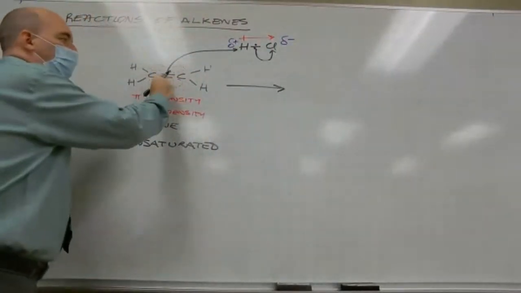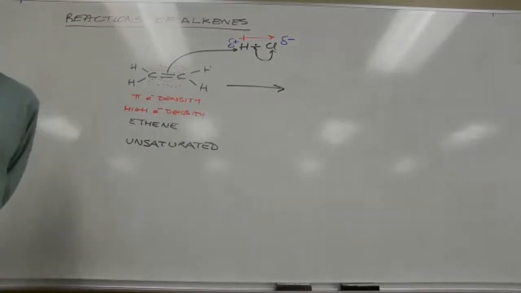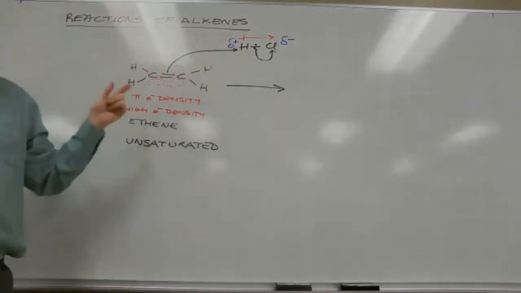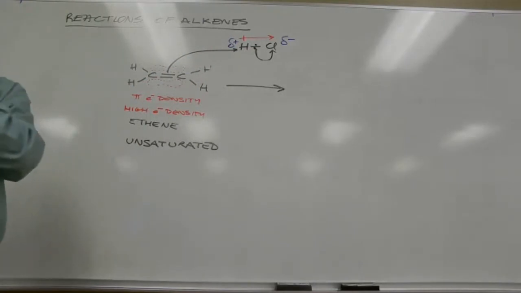Okay, so the arrow came from the bond that was between two carbons. This hydrogen is going to be attached to one of those two carbons. Can we tell which one it is?